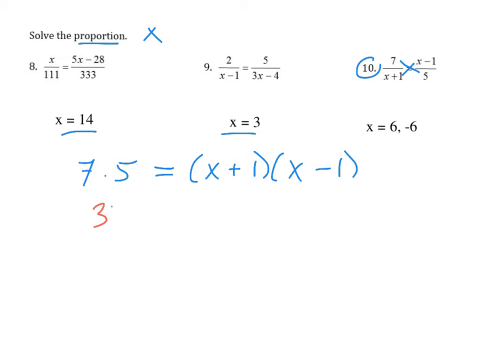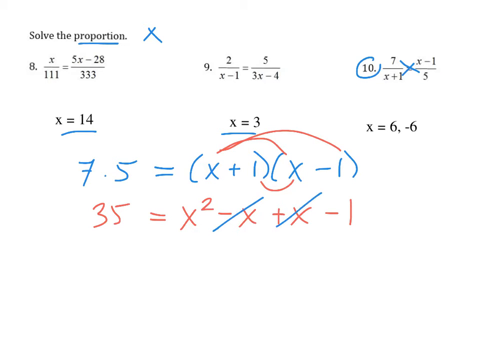So I'm going to end up with 35 equals, and then you just got to remember to FOIL this. So I'm going to have x squared minus 1x plus 1x minus 1. Now, as soon as I start to combine my terms, I notice that my negative x and positive x cancel out. I'll move this one over to the other side, which gives me 36 equals x squared.